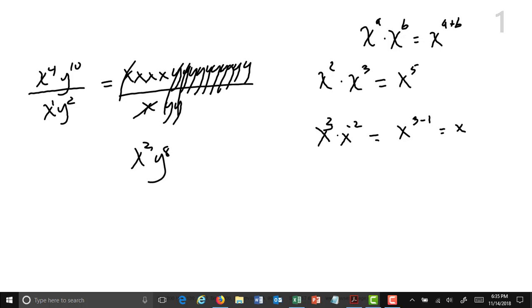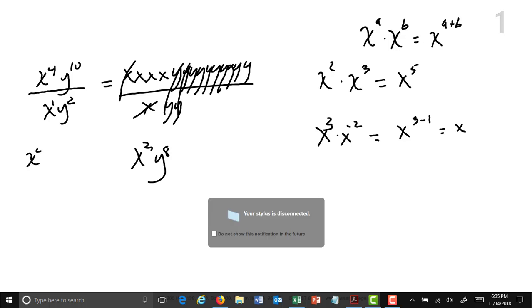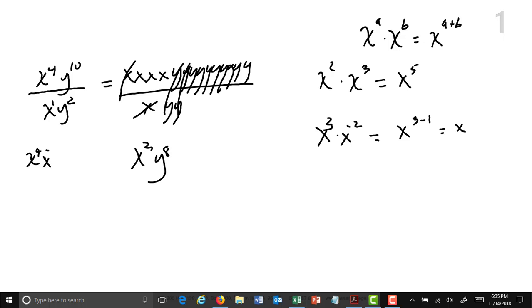So I can push that x up because there are no plus signs here. So I can write this as x to the 4th times what? x to the minus 1 times y to the 10th times y to the minus 2.